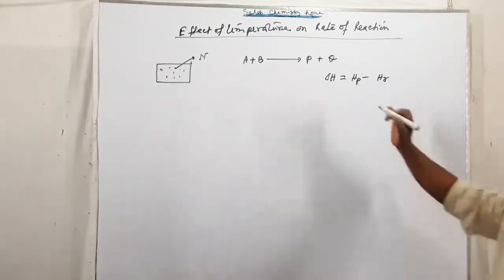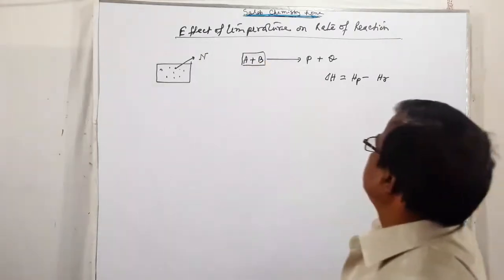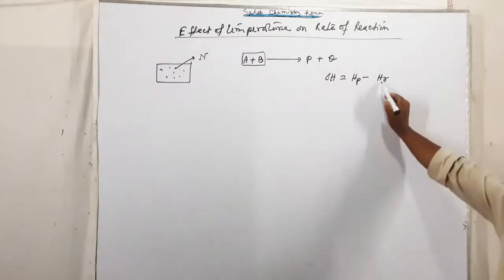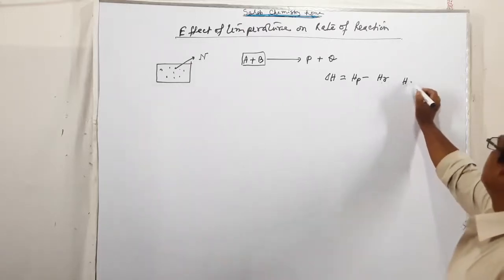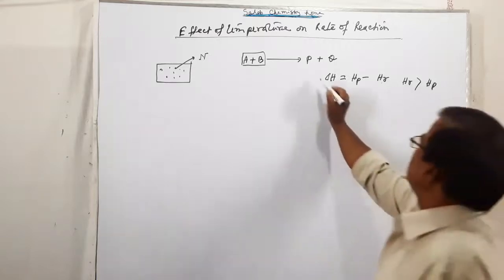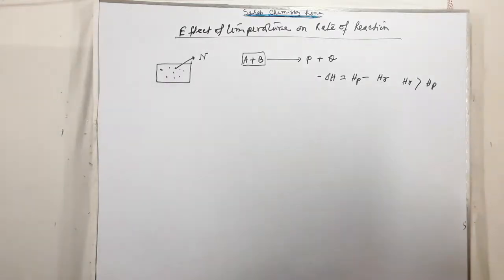Here its internal energy is high, so the total enthalpy of the reactant is greater, that is, HR is greater than HP, so it is negative. Its change of enthalpy is negative in the case of an exothermic reaction.